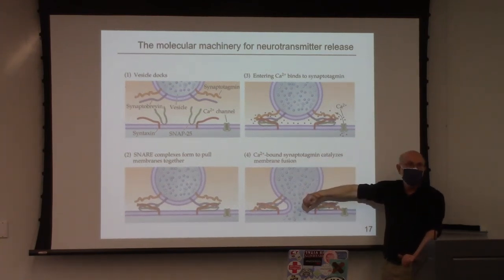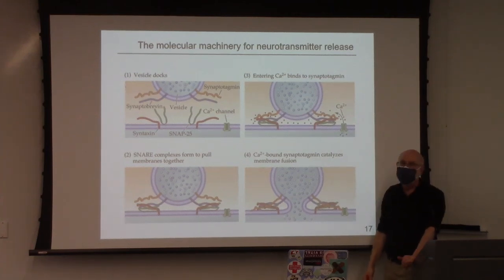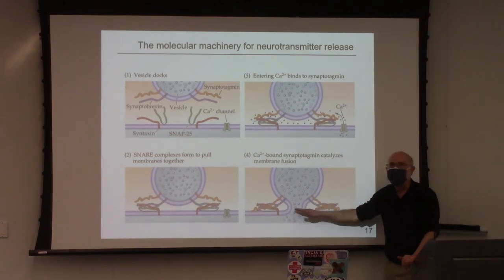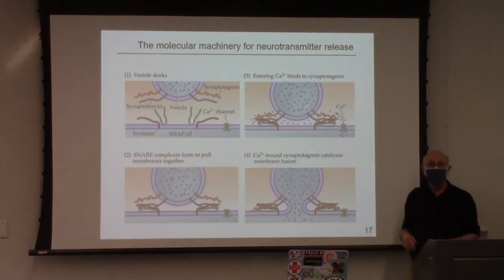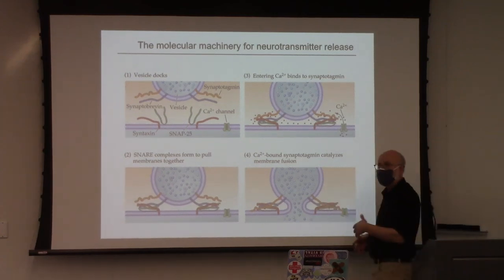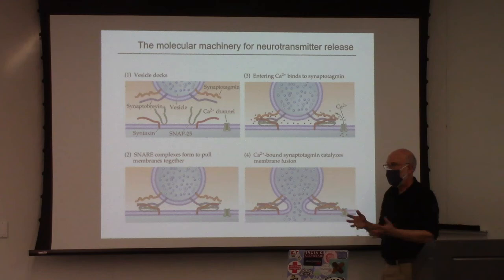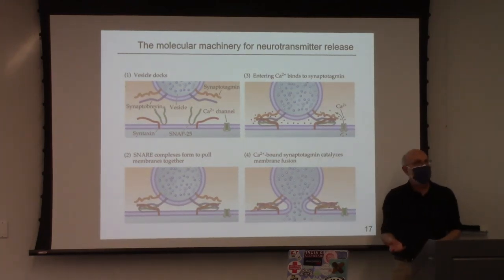There's no force here. This is just diffusion of the neurotransmitter from the vesicle into the synaptic cleft. And then there's going to be recycling of this. Like everything else, what turns on has to turn off, and endocytosis of this vesicle is going to happen, but it's not shown here.